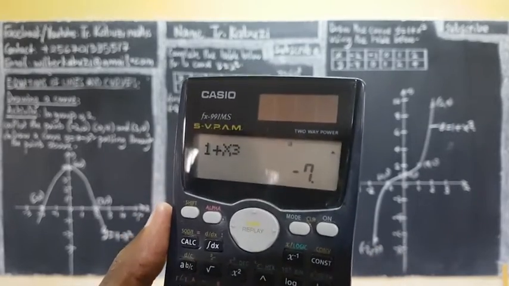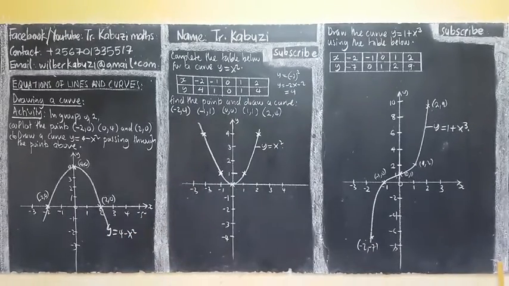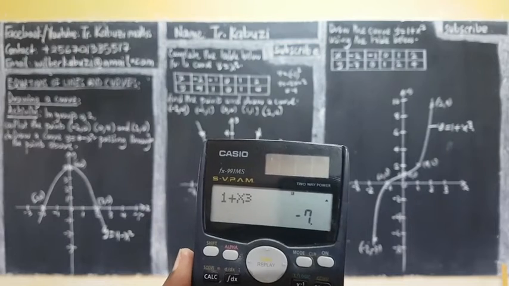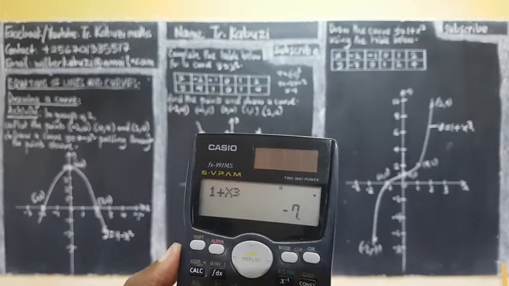Then they ask me which value, then you press in our value there. So you see, -2, that's what we had first. Then you press equals, we got -7.